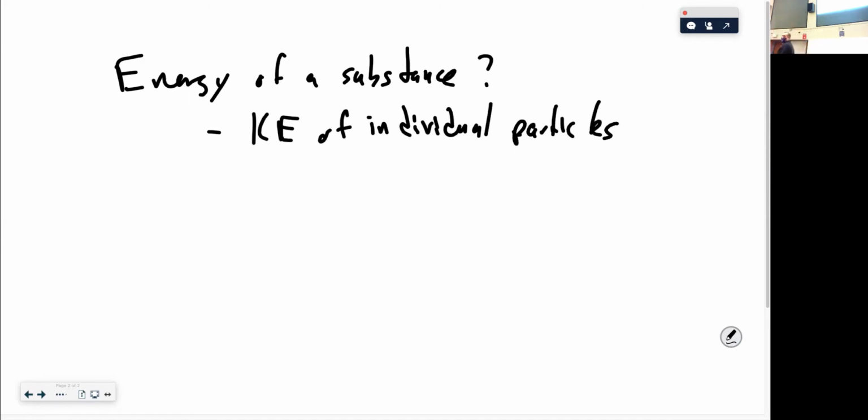That's true, but there's more. What else? We can also think about the potential energy of particles in our gas, particles in our liquid, particles in our solid. Yeah, the potential energy. What do we mean by potential energy?